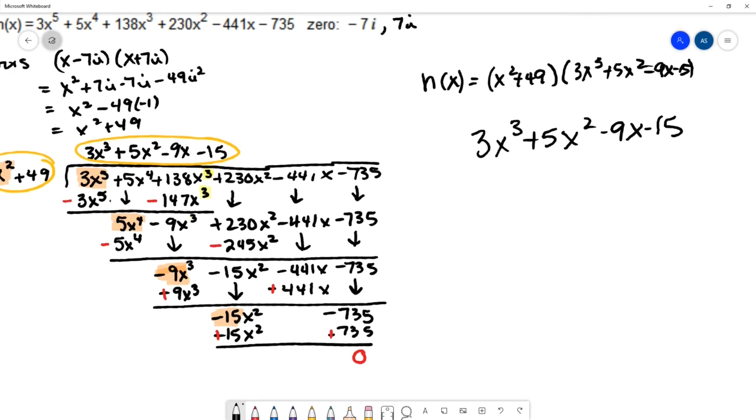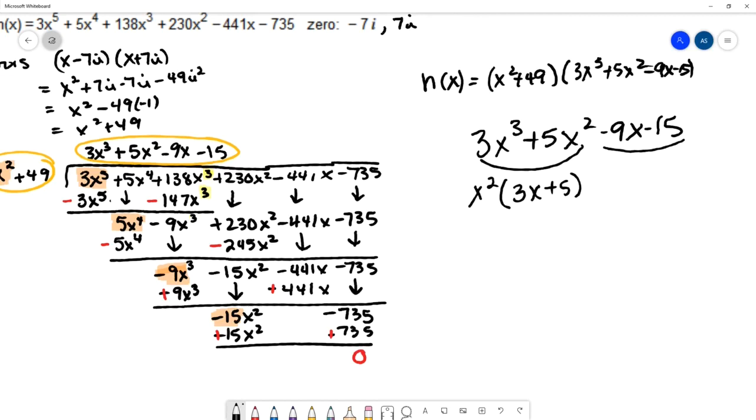One of the techniques that I try with cubic polynomials like this is grouping. So I group two terms at a time together and factor the greatest common factor out of each group. For the first group, the 3x cubed plus 5x squared, there's a common x squared that I can factor out. And that would give 3x plus 5.